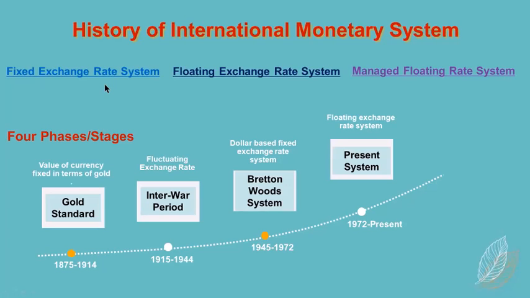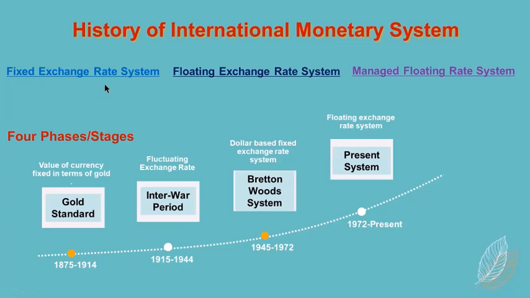Fixed exchange rate system is otherwise called pegged exchange rate. And this is a type of exchange rate system in which a currency's value, listen to me very carefully, is fixed or pegged by a monetary authority against the value of another currency or a basket of other currencies or any other measure of value, maybe metal such as gold.